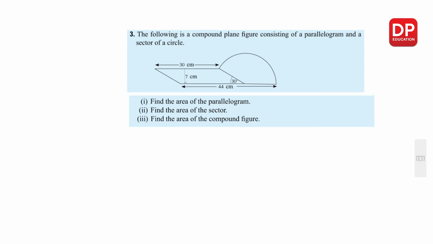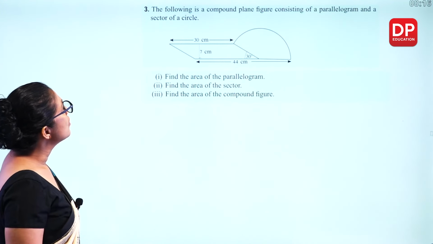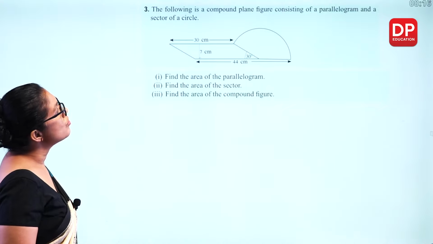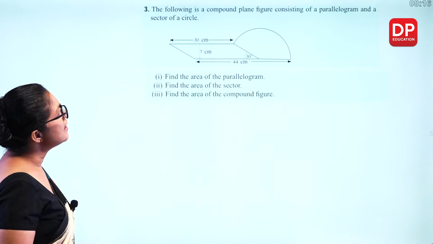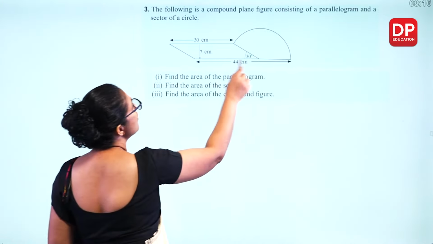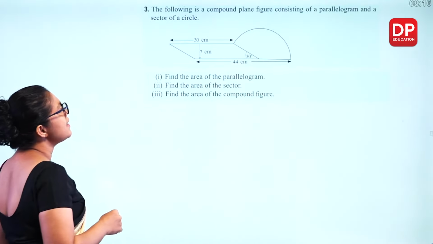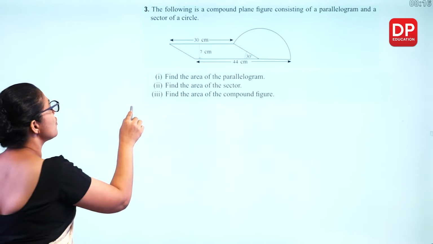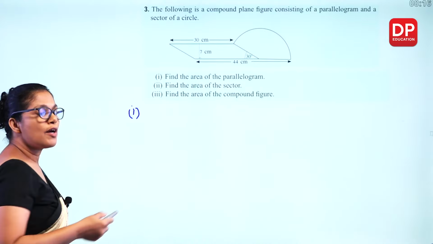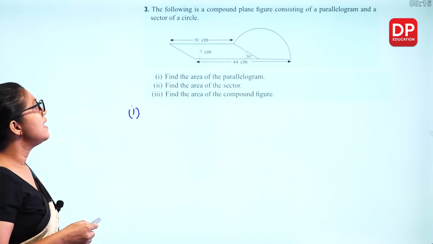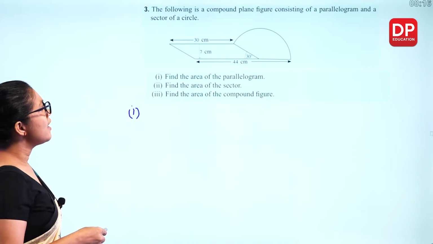Now we'll look at the third question. In the third question it says you have a compound plane figure consisting of a parallelogram and a sector. Find the area of the parallelogram. So we can easily use the formula. What's the area of a parallelogram? Length into perpendicular height.